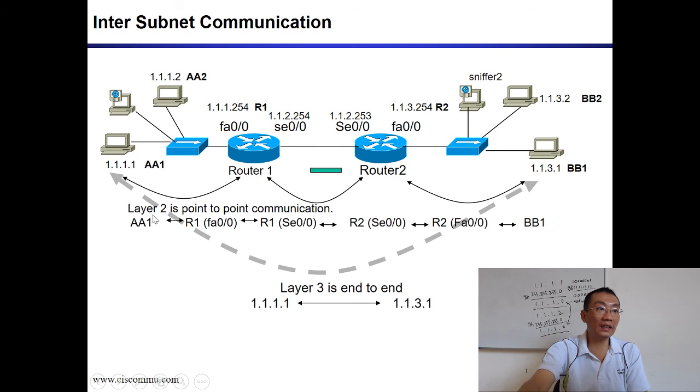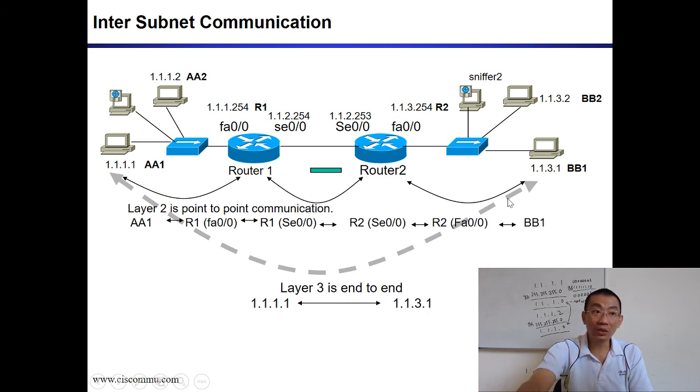So if you look at the communication at layer 2, this one is talking to this one, this one talking to this one, this one talking to this one. So you can see over here AA1 talks to R1, and this one R2 talks to BB1. Then end to end, 1.1.1 talks to 1.3.1.